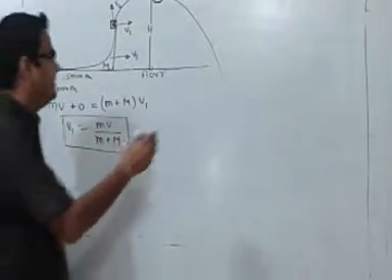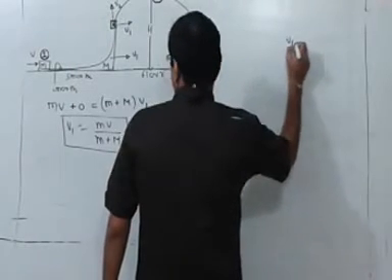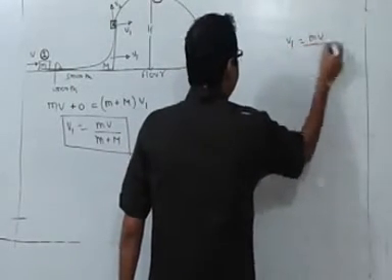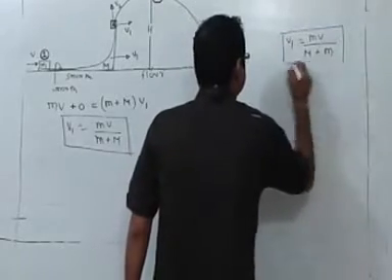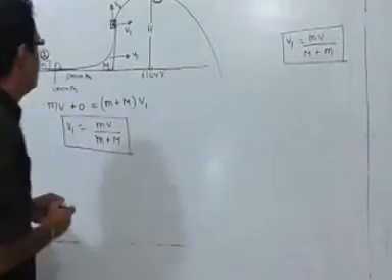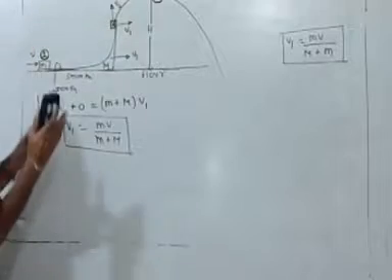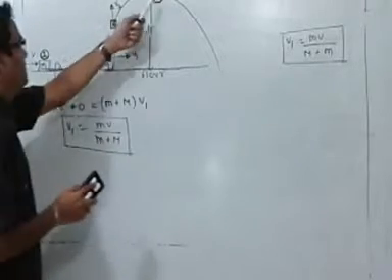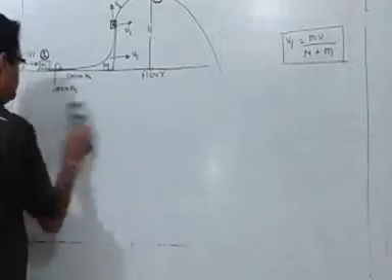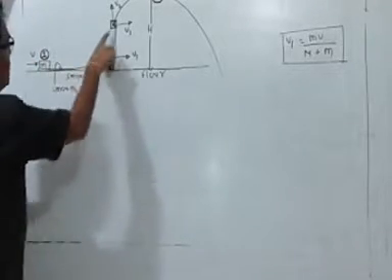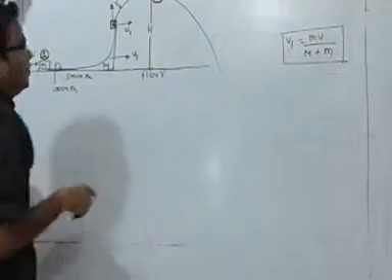Let me write this result v1 separately over here. v1 is mv upon capital M plus small m. Now we are ready to apply the principle of conservation of energy between point 1 and point 2. When the block reaches the highest point, there is no vertical velocity.